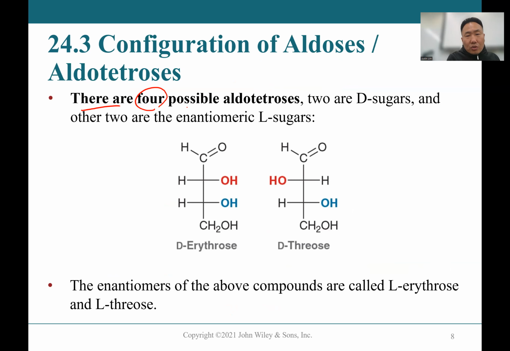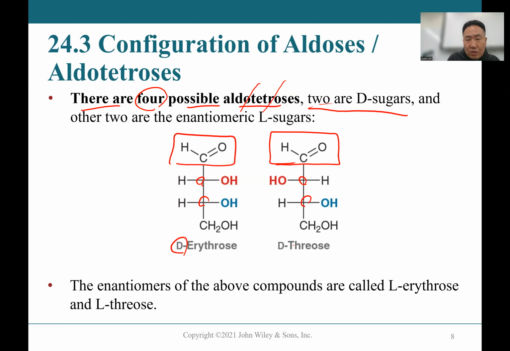There are four possible aldotetroses. With two chiral centers, two are D sugars, and the other two are enantiomer L sugars.